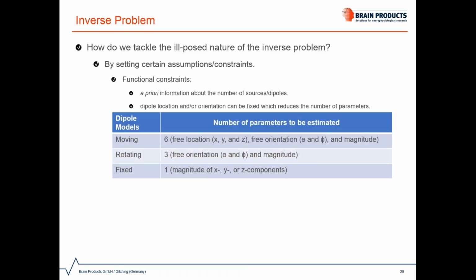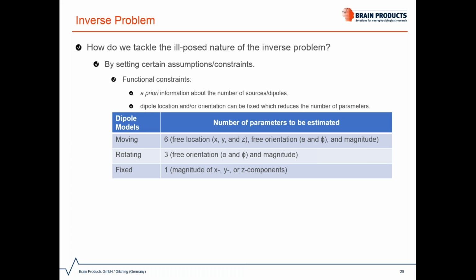For example, unconstrained dipoles, also known as moving dipoles, which are free to move and rotate, lead to the estimation of all the 6 parameters, 3 for the location, 2 for orientation, and 1 for magnitude.